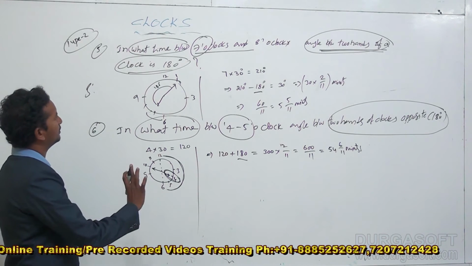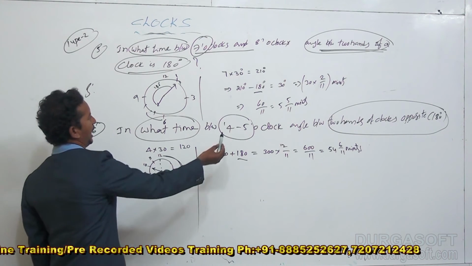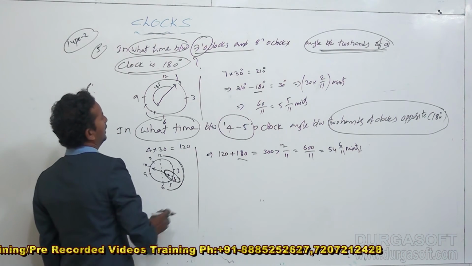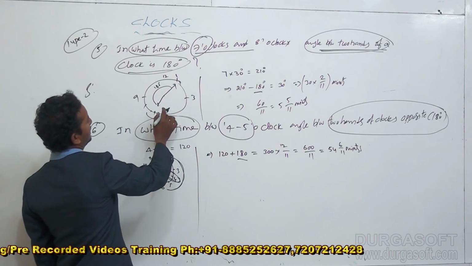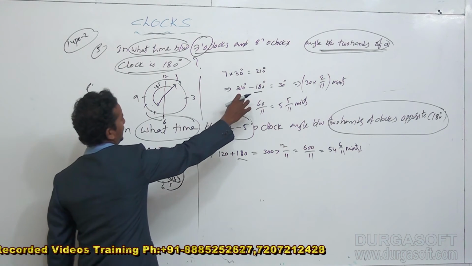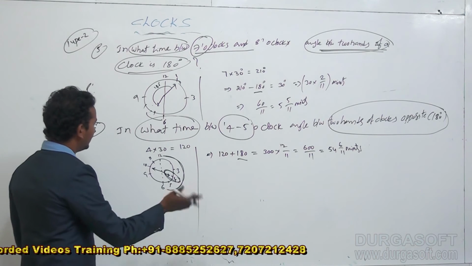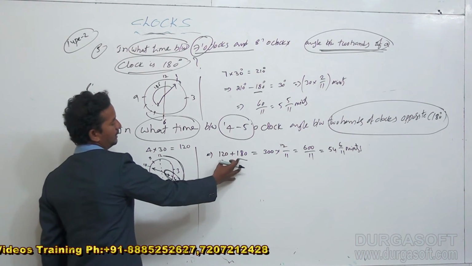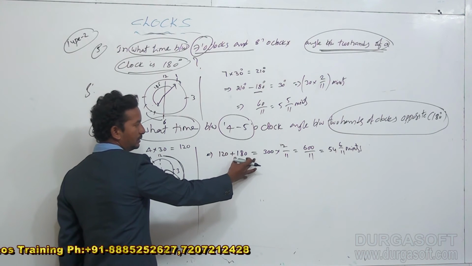So these two problems are important. When should I add this value and when should I subtract this value? Here the hour hand has crossed the 6, so that's why I am subtracting this one. Here the hour hand has not crossed the 6, so that's why I am adding 180 degrees.